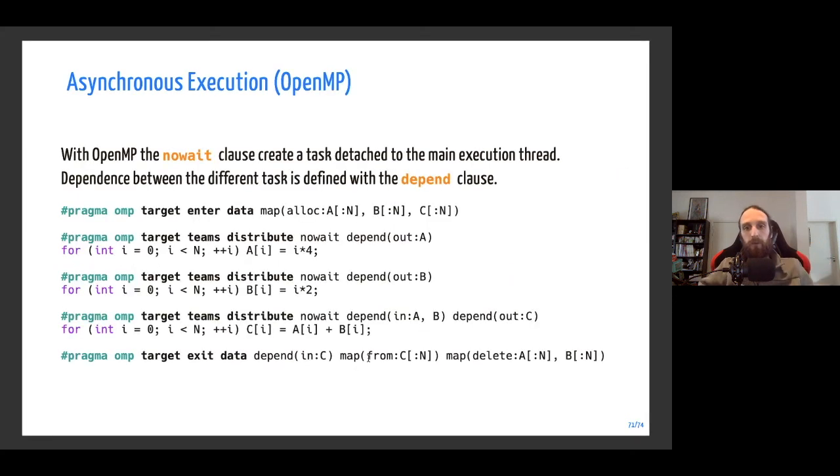So using this kind of clause, you can specify very complex dependencies, and here is also a small example of an unstructured data region with OpenMP. So in this case, we allocate the memory on the GPU, and this is exactly like doing a malloc on the GPU, okay?